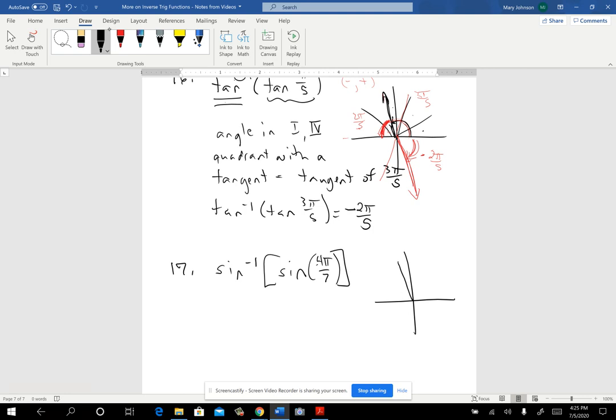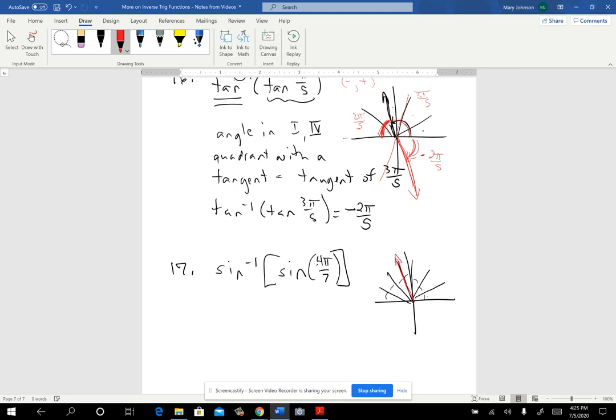Got to get 7 pieces. So that would have to be 5, 6, maybe something like that. So I need it to be 1, 2, 3, 4, 5, 6, 7 there. Now, 4 pi over 7, let me put it in red, would be about right here.